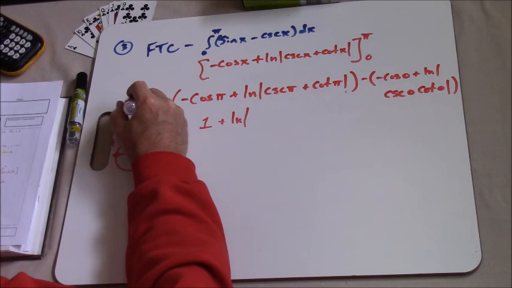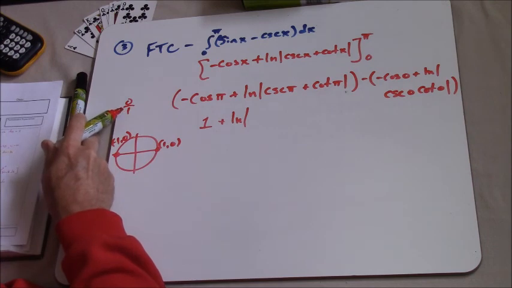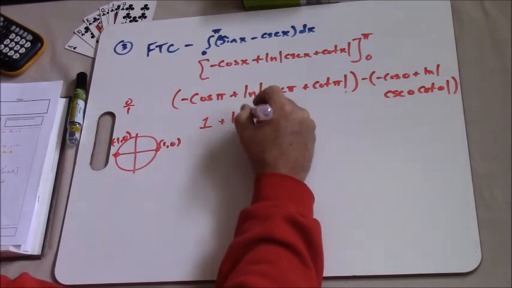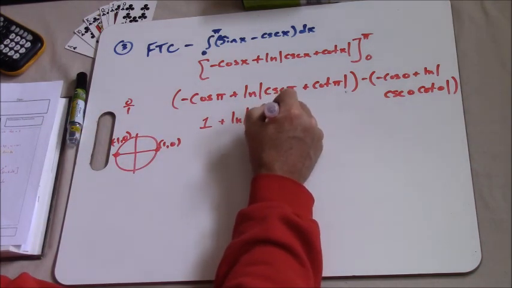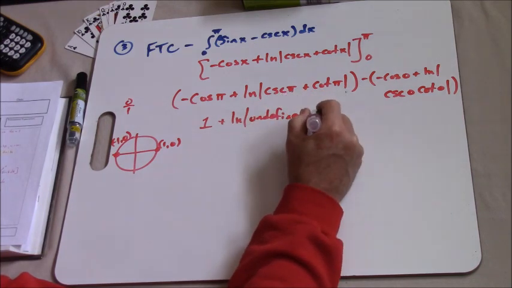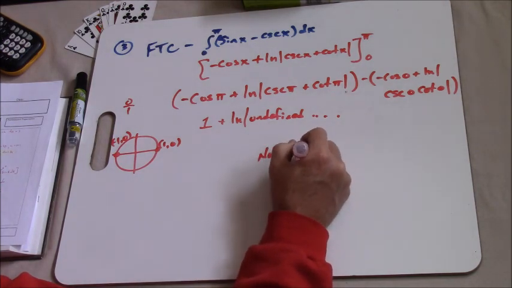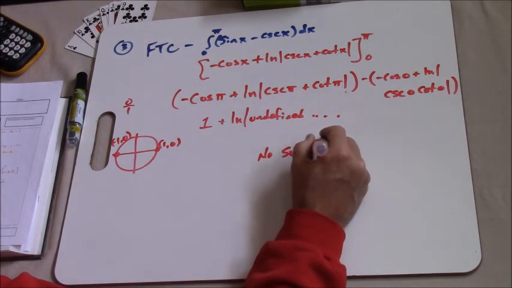This fraction would be equal to 0. Flip it over, and you've got 1 over 0. You've got 0 in the denominator. It's undefined. So at that point, I can go ahead and stop and say that there is no solution to this.